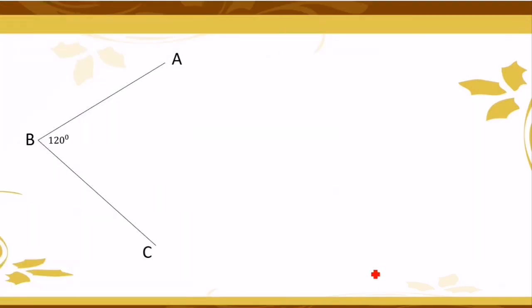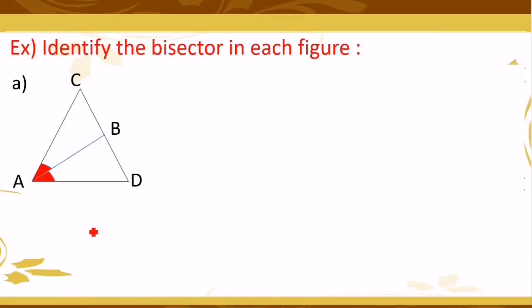Consider this example also. We have angle ABC equal to 120 degrees. There is a bisector that has divided the angle into two equal angles with 60 degrees each. Now, can you identify the bisector in each figure?